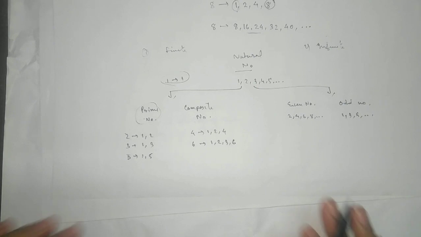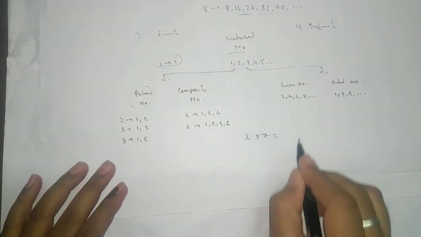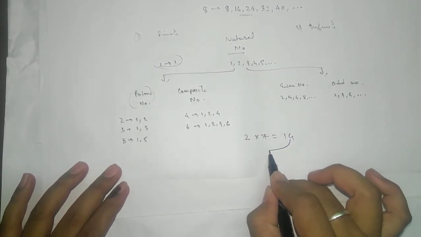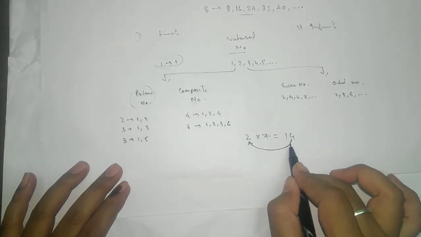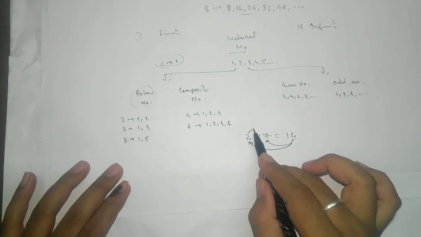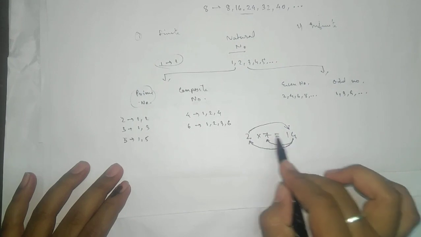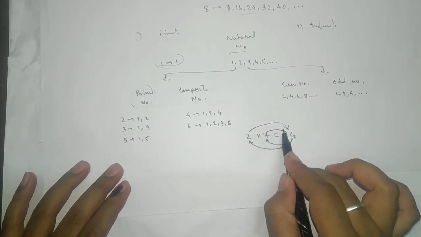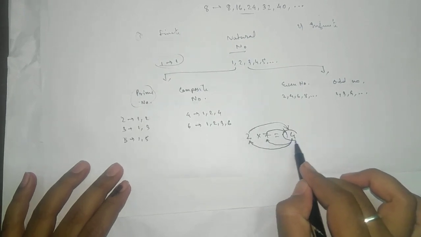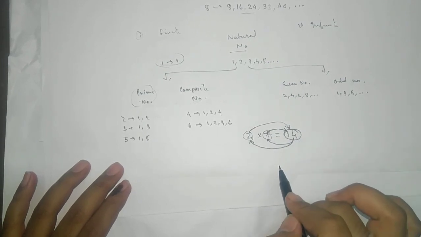And one more thing: if I write 2 times 7 equals 14, then we can say 14 is a multiple of 2 and 14 is a multiple of 7. And on the other side, 2 is a factor of 14 and 7 is also a factor of 14. So this one is your multiple and these two are factors of 14. Thank you.